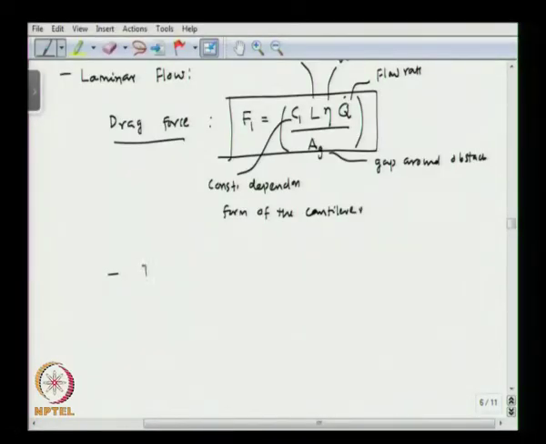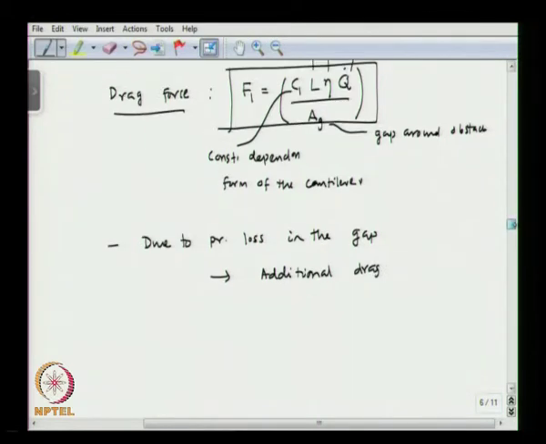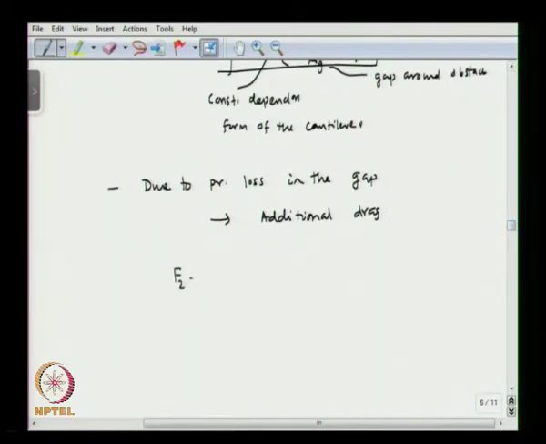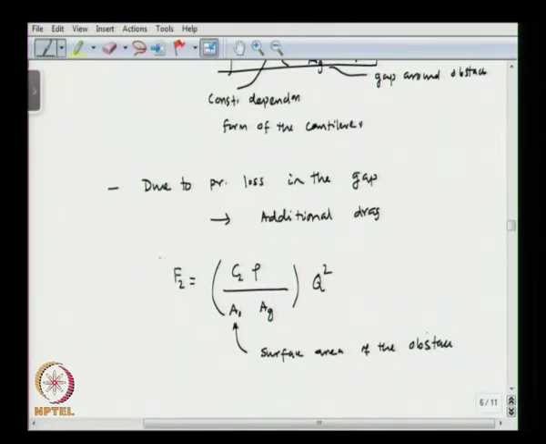So, due to the pressure drop in the gap, we would have an additional drag force F2, which is C2 rho over A0 Ag squared into q dot squared, where A0 is the surface area of the obstacle, C2 is a constant, and rho is the density of the fluid.